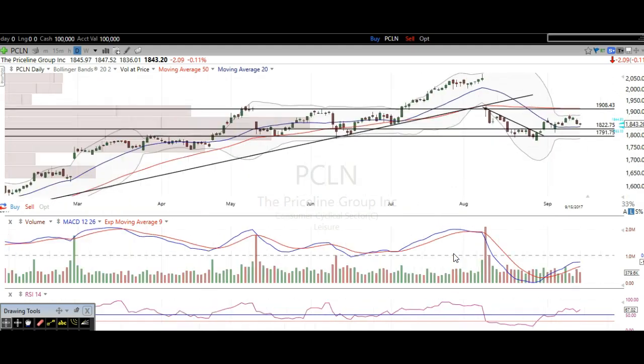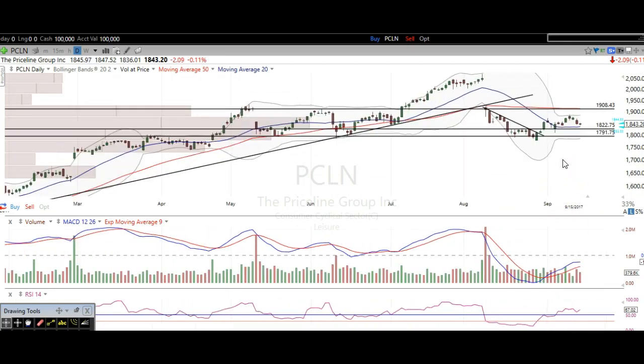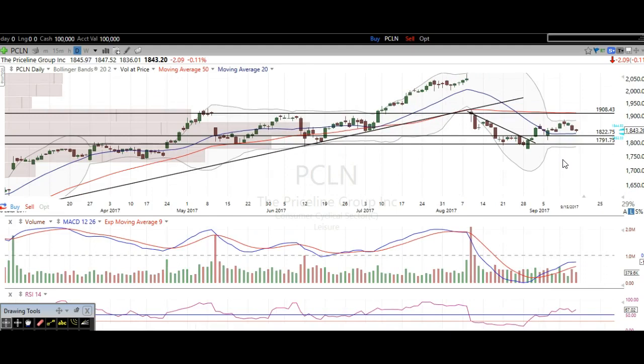We also came down here below this 30 RSI level. It doesn't really do that that often, and you don't really want to see that happen on a stock that is supposed to go up. So a strong stock tends to stay above that 30 RSI.